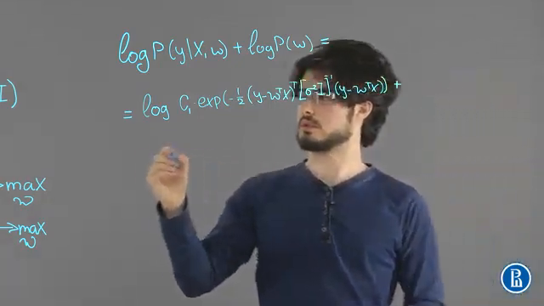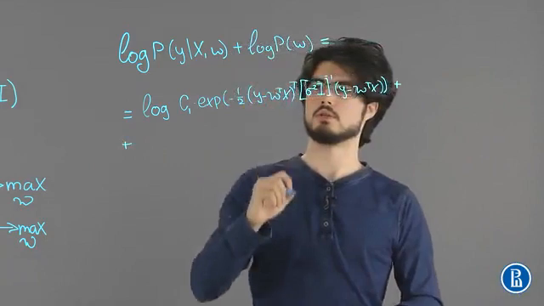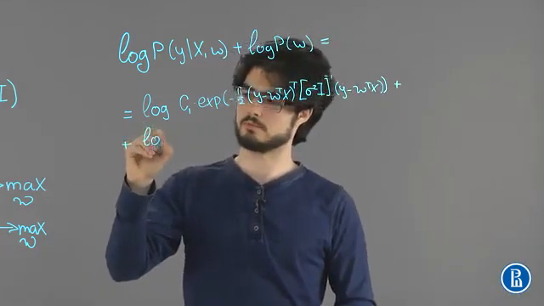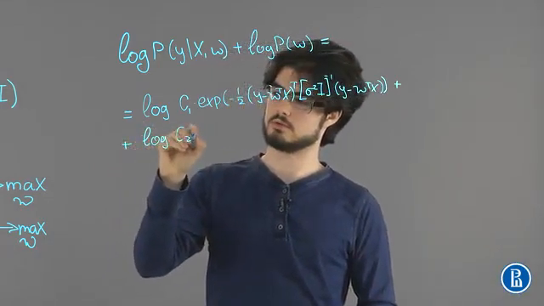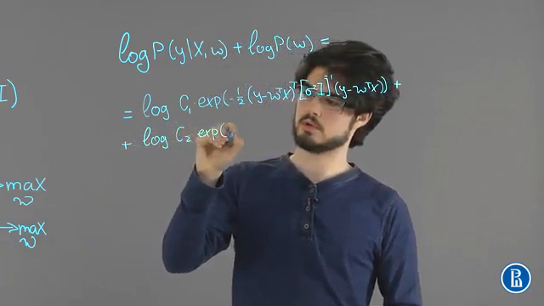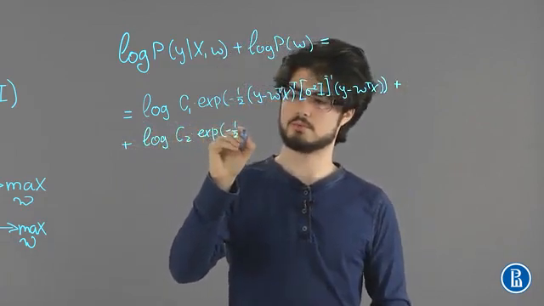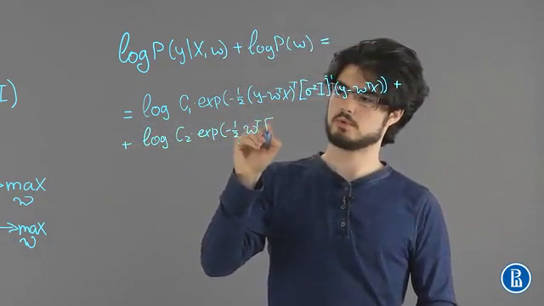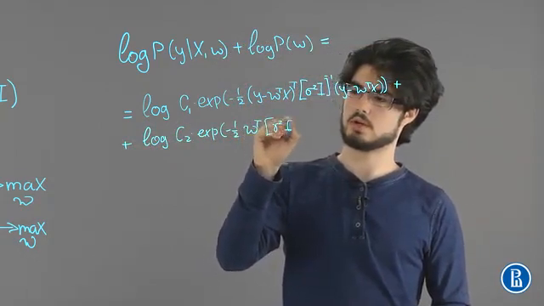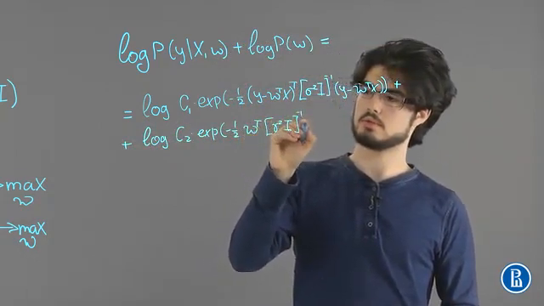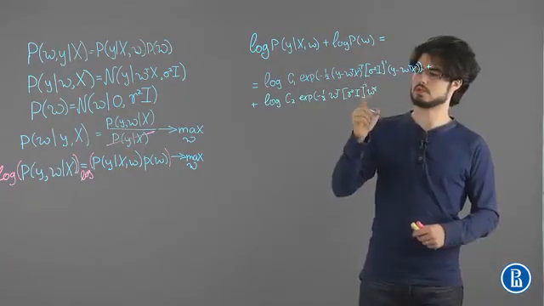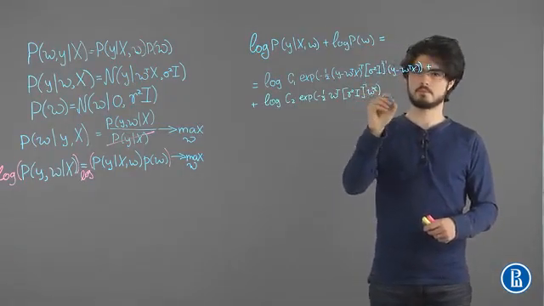And in a similar way we can write down the second term, so this would be the logarithm of c2 times the exponent of -1/2, and this would be w transposed (gamma squared I) inverse w, since the mean is 0.